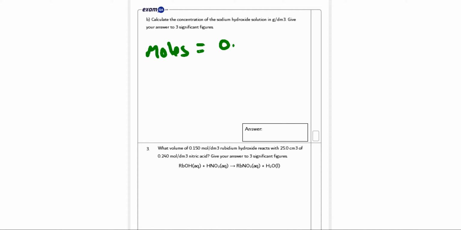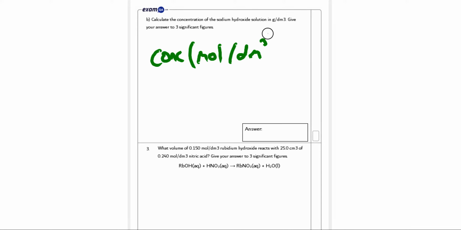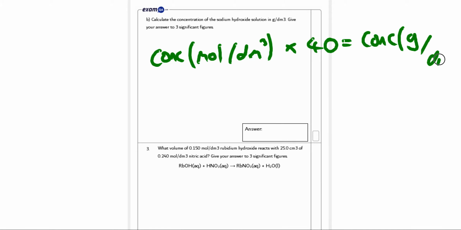Oh, hang on, apologies. So here we can do a conversion from moles to grams per decimeter cubed, and the way that we can find this one is that we find the concentration in moles per decimeter cubed, and we times that forward by the Mr. So this gives you the concentration in grams per decimeter cubed.